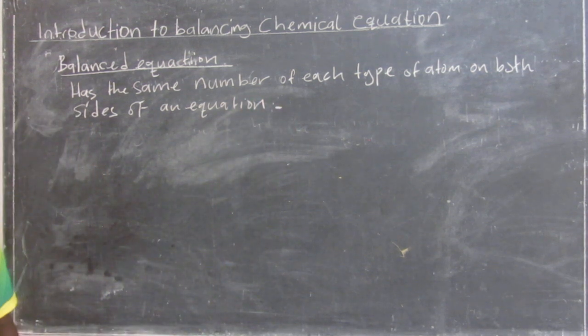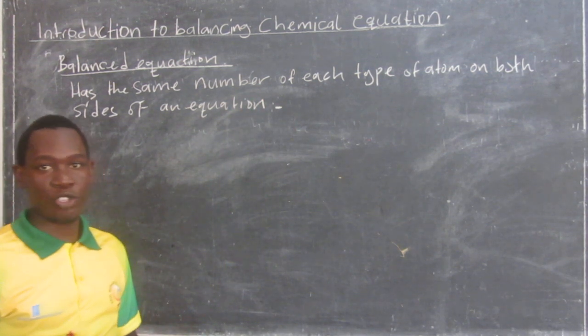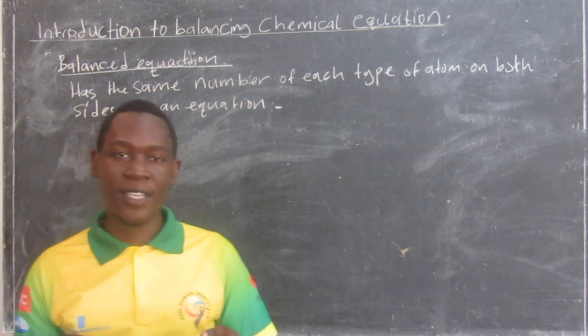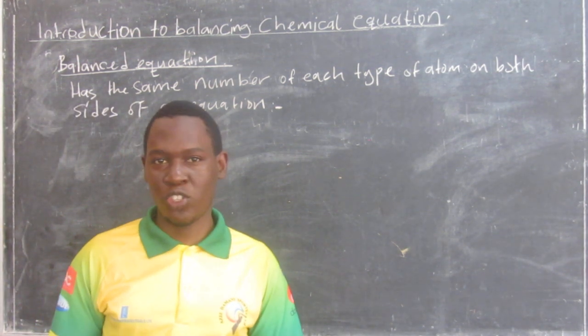For us in chemistry, we term something a balanced equation if it has the same number of atoms on both sides of the equation.